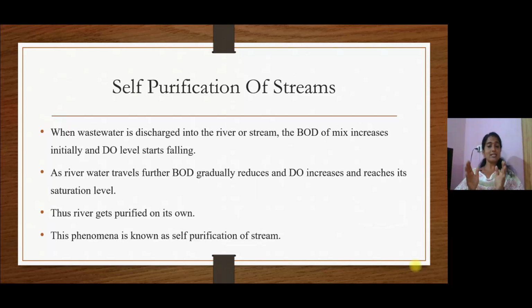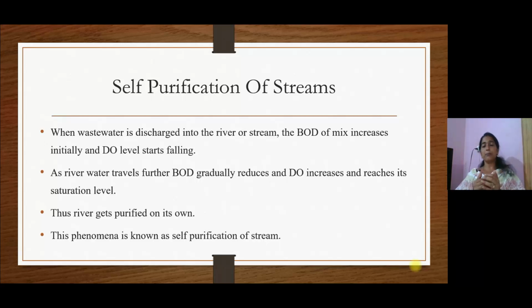Then, what is self-purification of streams? When wastewater is coming out of this effluent treatment plant, then the dissolved oxygen content of this wastewater effluent will be very low. And this will mix up with the river water. Then the dissolved oxygen content of the river itself will get reduced and it will affect the aquatic life of that water body.